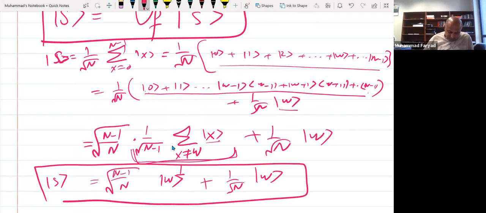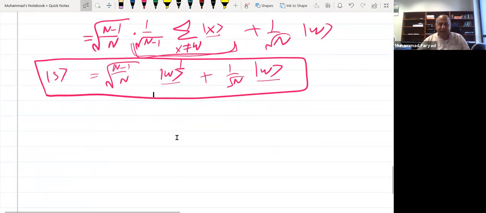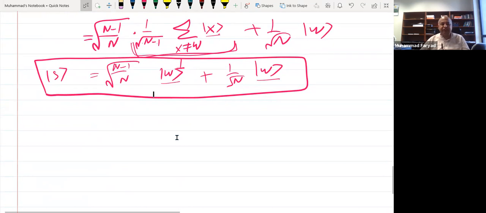So this is still the S state, just right after the Hadamard, but I have separated it into two states. One is my solution state, and the other is whatever is perpendicular to that. Writing it this way has a nice geometrical interpretation that I can easily see. Because if you look at these states, the square of this and the square of this add to 1.